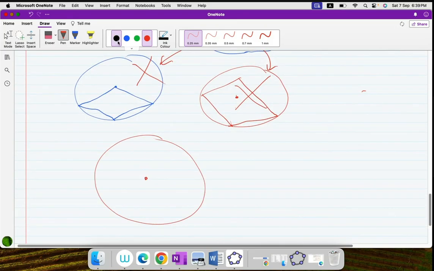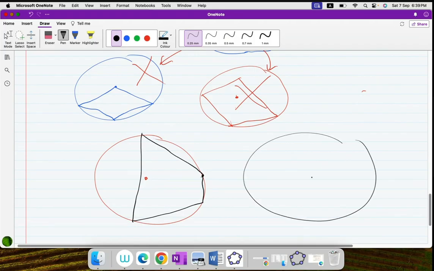See, this is the center, and it is not the center of my quadrilateral, but it's still cyclic. I'll take it outside entirely, completely. This is still cyclic because A, B, C, D are still touching the circumference.